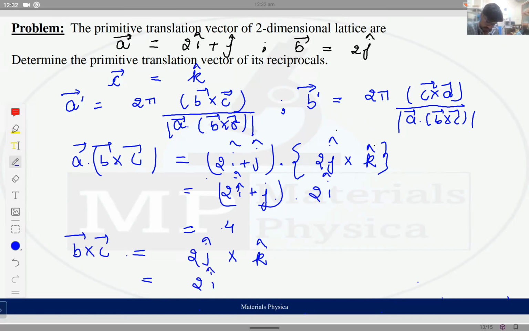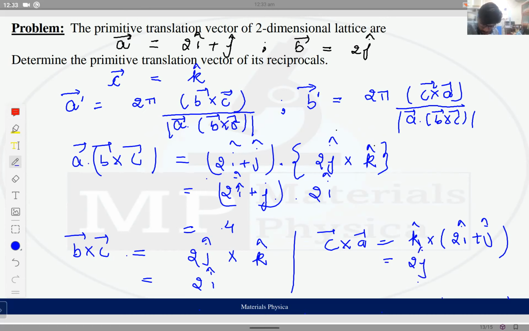Now c cross a: c is k cap cross 2i plus j. We know k cross i is j, so it is 2j, and k cross j is minus i, so it is minus i. So we will get the values of a dot b cross c, b cross c, and c cross a.